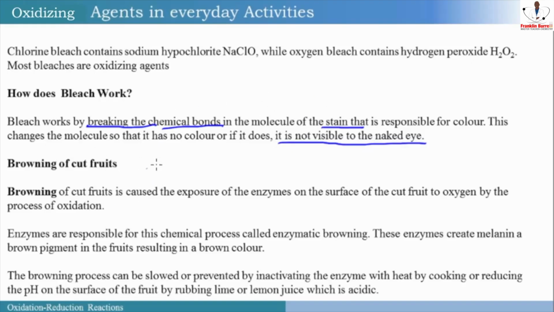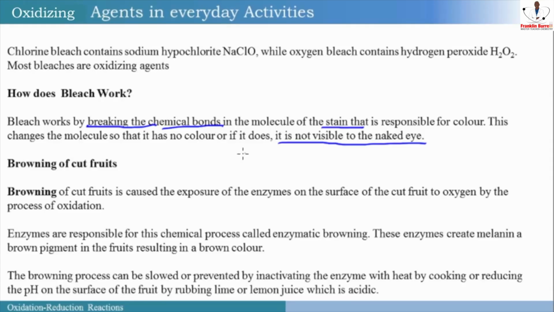What about other types of oxidation going on in everyday activity? Now notice we say reducing agents, but here we're talking about oxidation. We will discuss in great detail oxidizing and reducing agents with respect to oxidation and reduction.